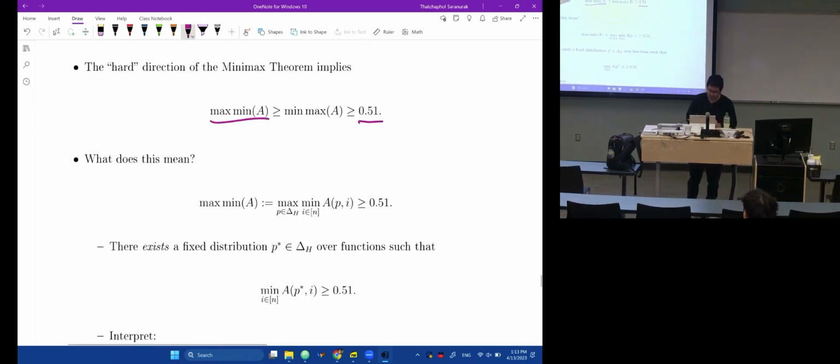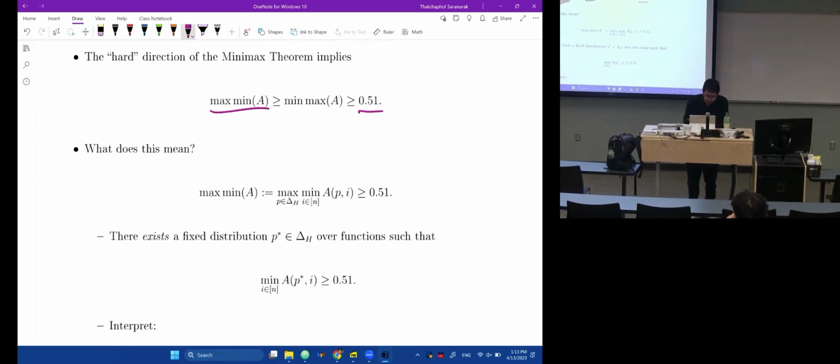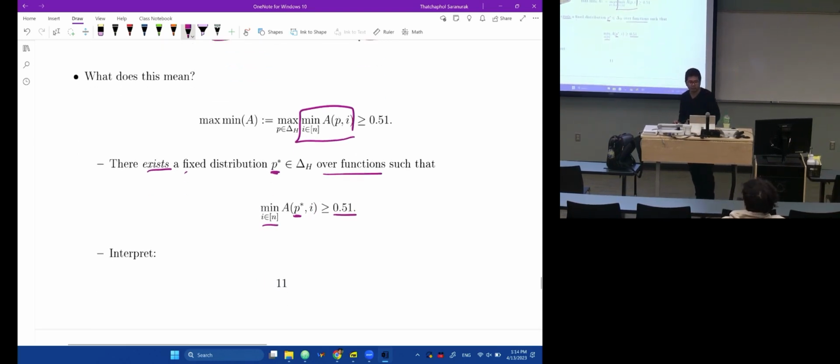So it means that there exists some distribution P star over functions such that min over all i of this is more than half. Let's interpret this.